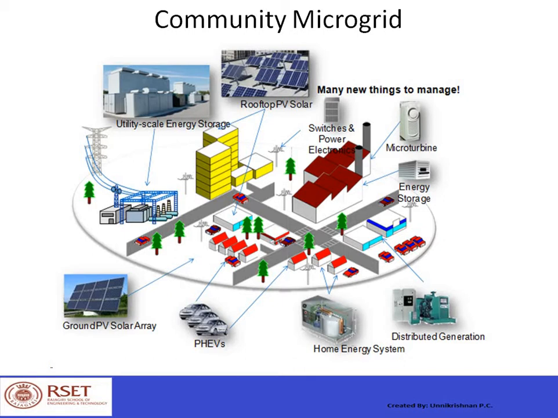Then they have utility scale energy storage, and also they are connected to the grid. So this is a general picture of a community microgrid. Managing such a community microgrid is not very simple. So we will see what are the different controllers and control actions essential.